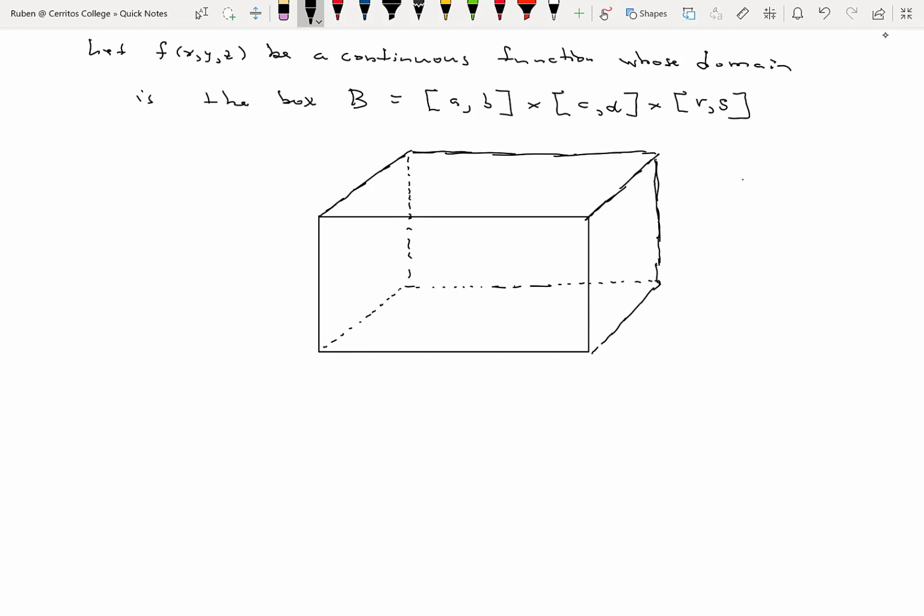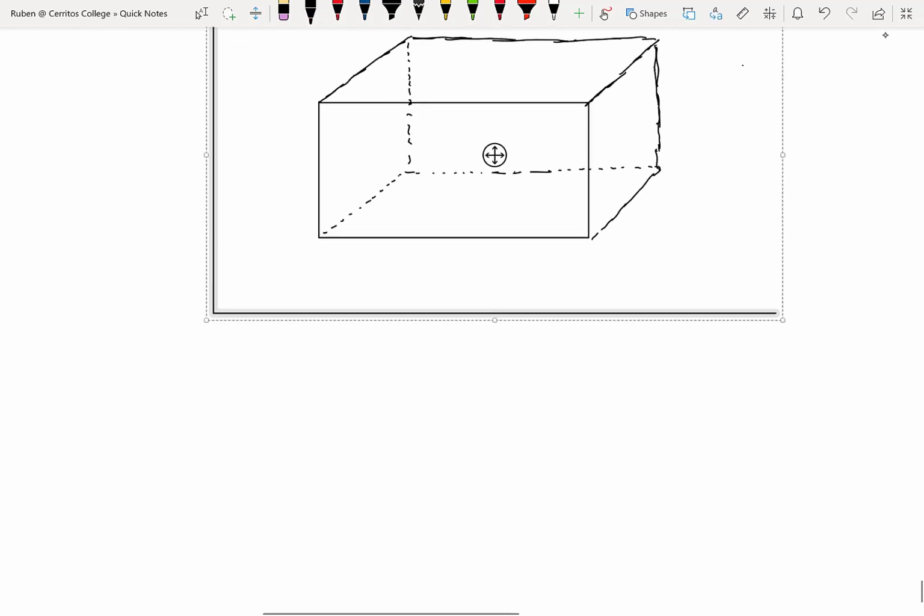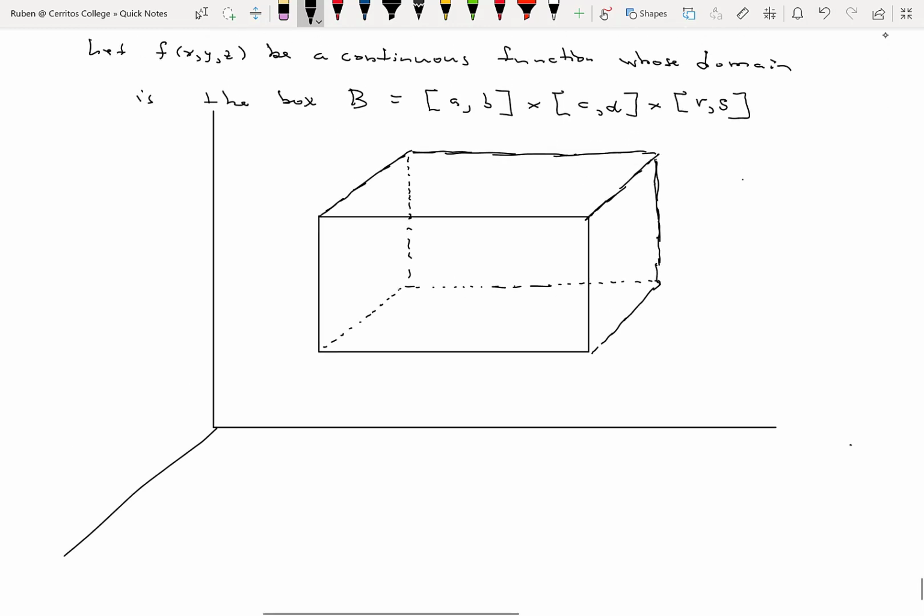I want to impose some axes. I want to put this box actually in the rectangular 3 space. So I'm going to insert, after the fact, some axes. Here we are. So hopefully you can see in 3 space a box.